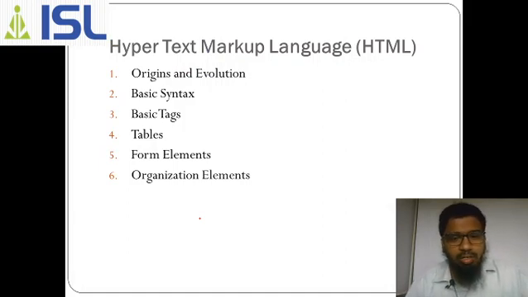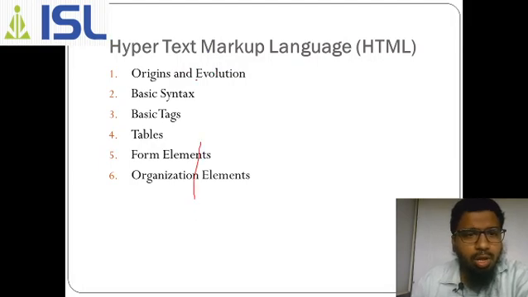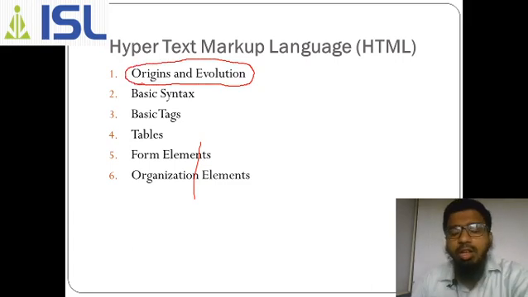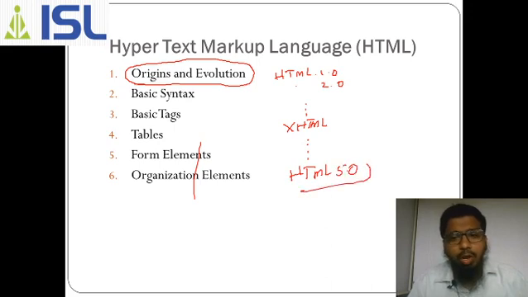In the last class, we saw the origins and evolution. When HTML started, first it was HTML, then HTML 1.0, HTML 2.0, then after that XHTML, and now HTML 5.0 is going on.